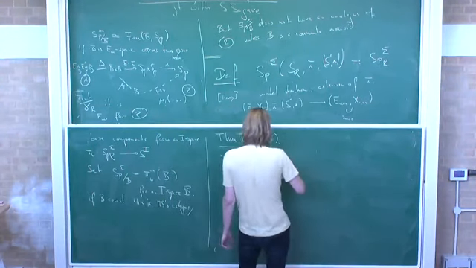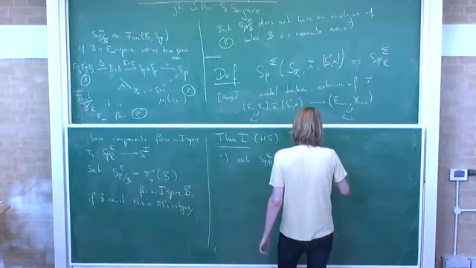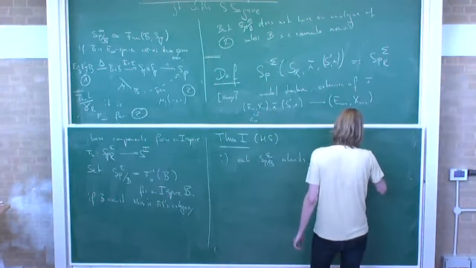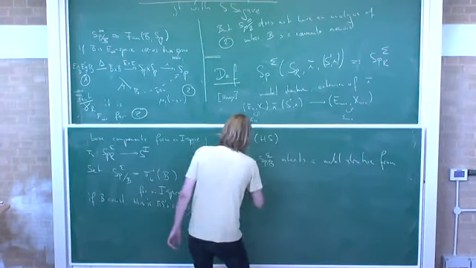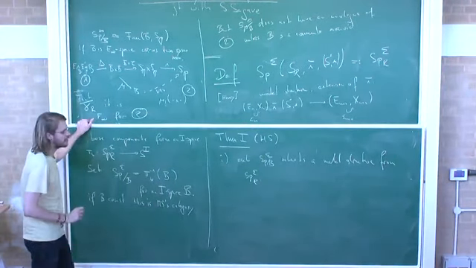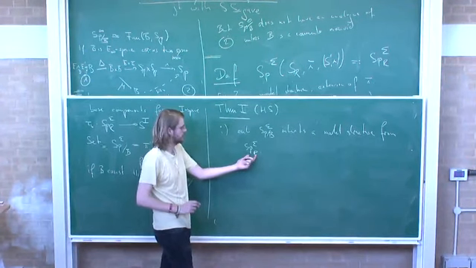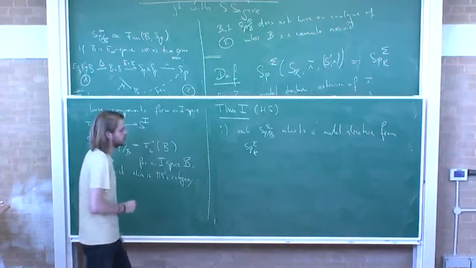So each of these categories inherits a model structure from the category of retractive spectra. And by this I mean you literally take just those maps. This is a subcategory in here, you literally take all maps, cofibrations, fibrations with equivalences from the model structure here.